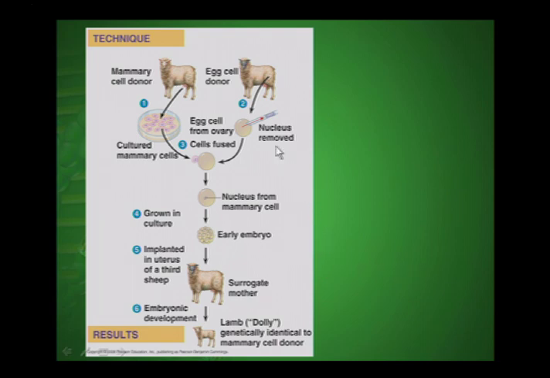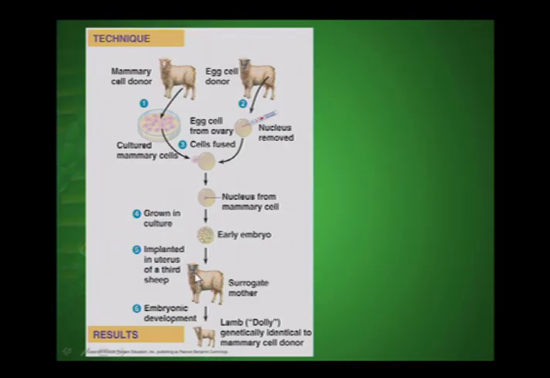What they were able to do is take cells from the udder of one sheep and fuse them with an ovum in which the DNA had been destroyed. They did that through an electrical charge, which basically mimicked the events of fertilization. And then when the embryo grew, they inserted it into the uterus of a female and produced a new offspring that was genetically identical to the nucleus from which the cell came.